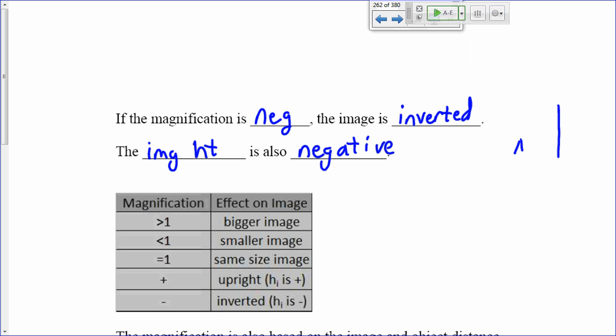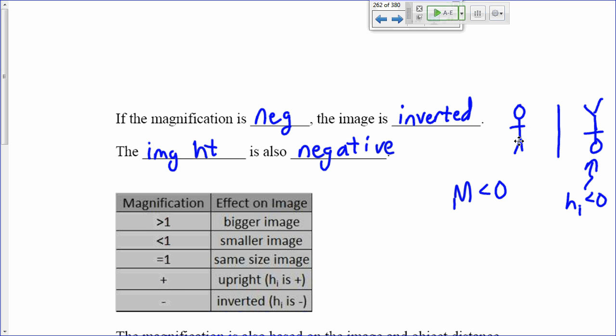If this is our object, and this is our image, the image height here is less than 0, it's negative, and our magnification is also less than 0, it's negative. How about a magnification of -1?